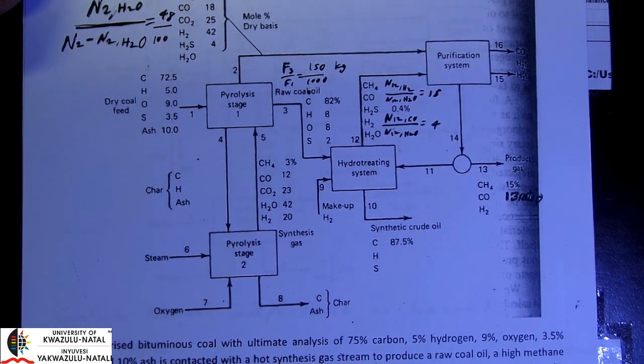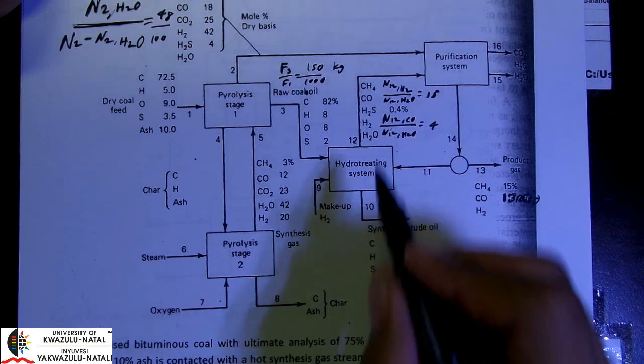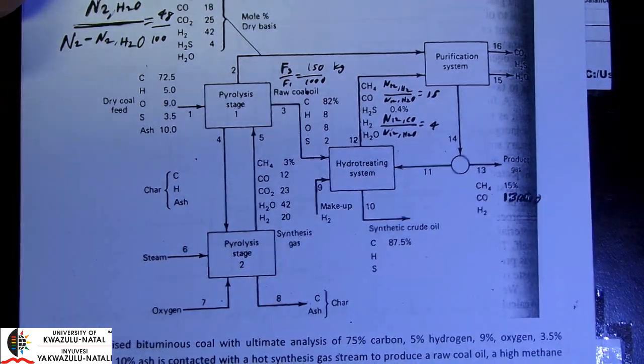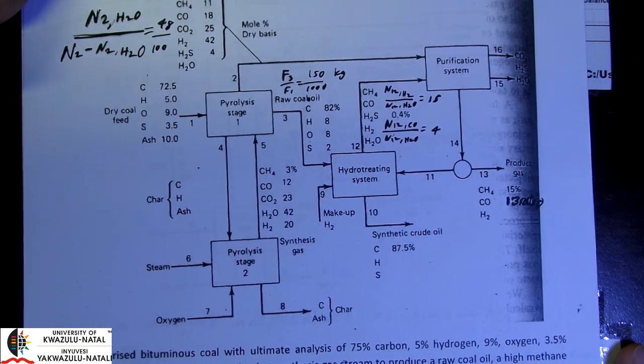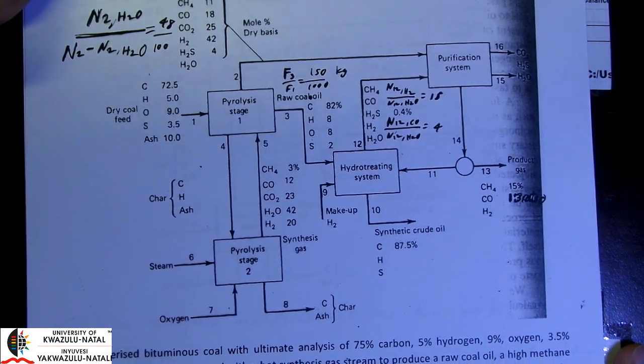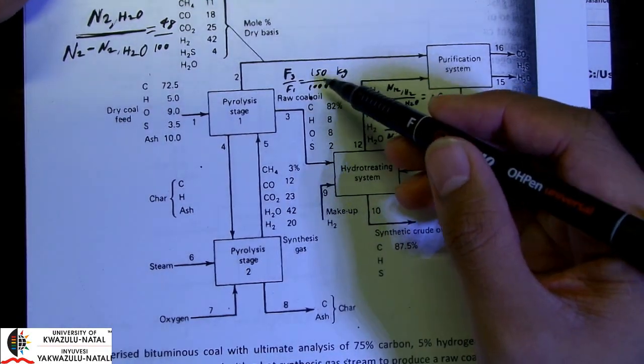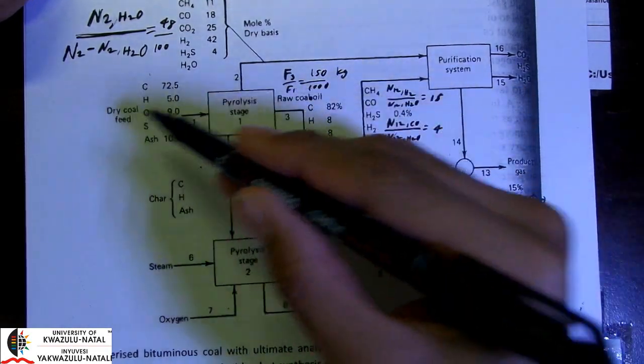And we are also given the raw coal oil ultimate analysis as follows for carbon, hydrogen, oxygen and sulfur content. Now 150 kgs of raw oil is produced from 1000 kgs of dry coal.